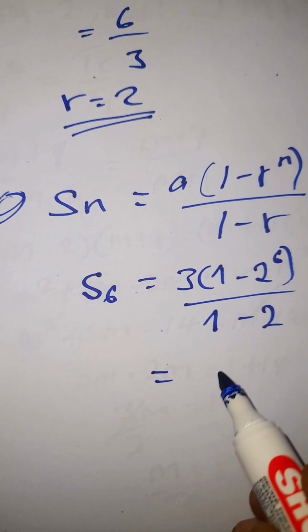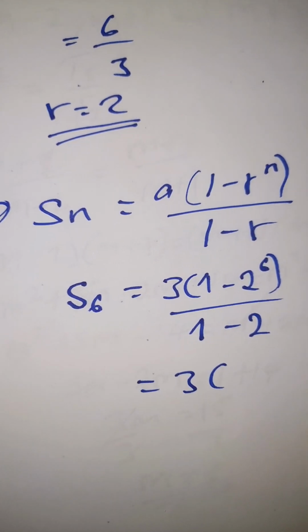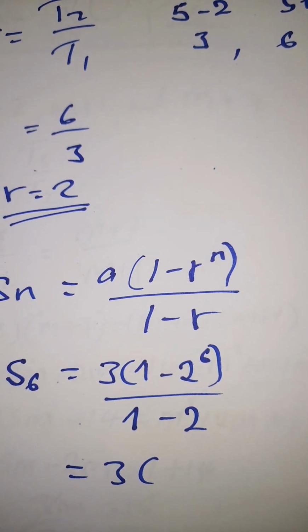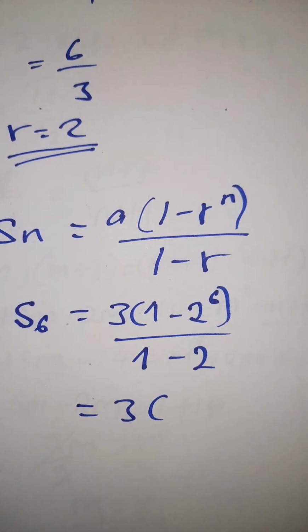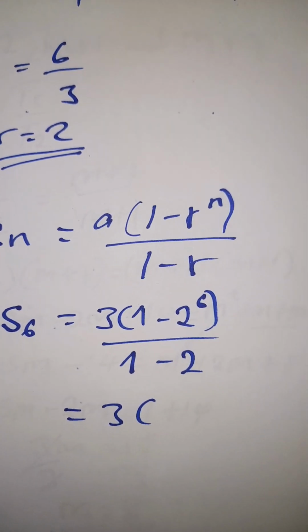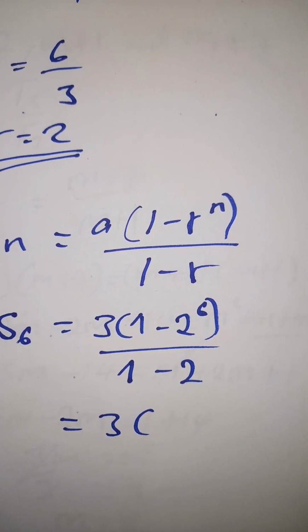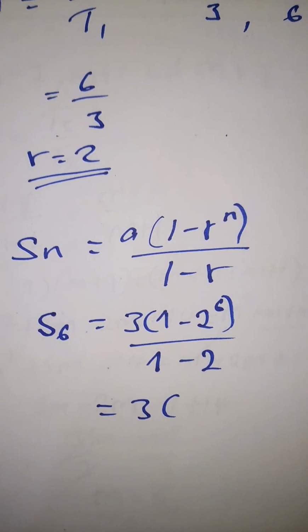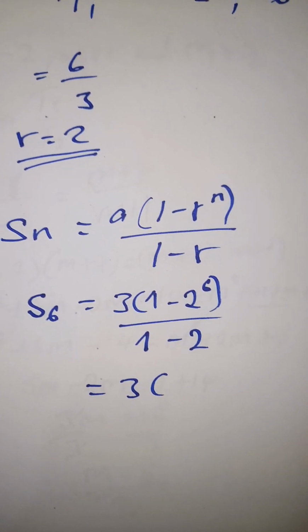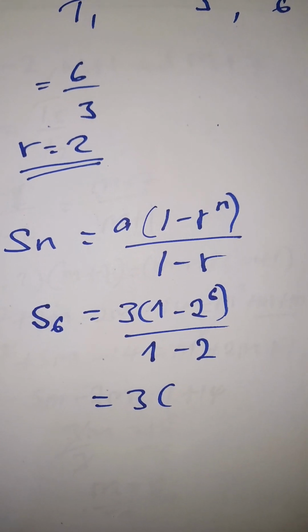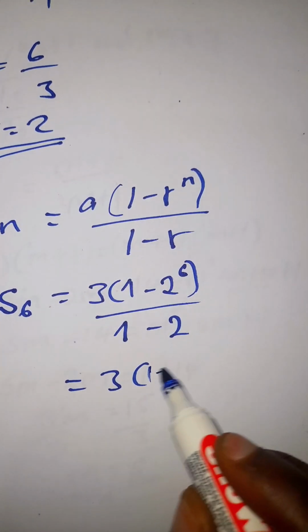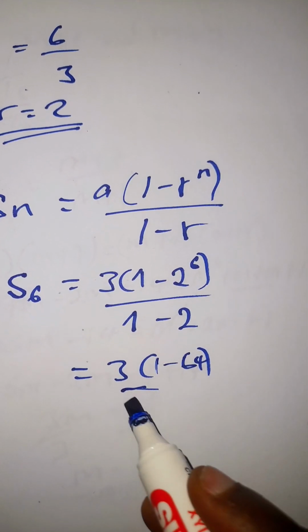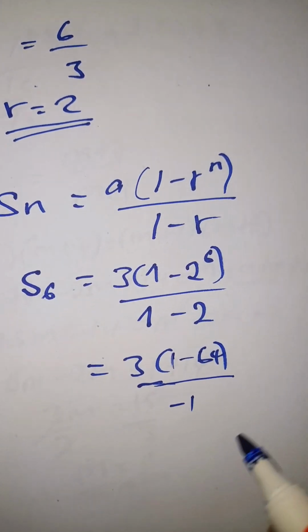All right. So 2 to the power 6 means you multiply 2 by itself 6 times. Since this is paper 2, you just have to punch on your calculator 2 to the power 6, which is 64. So 1 minus 64 over 1 minus 2, which is negative 1.